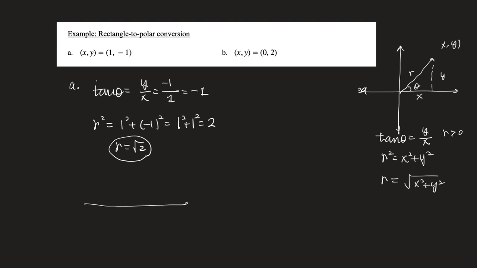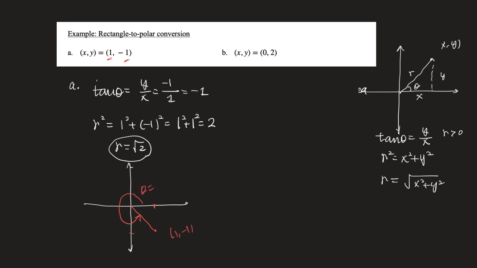Everyone remember that? But let's plot x and y. Y is 1 and -1, and 1 and -1 is right here. We're going to find this angle, so theta is here.